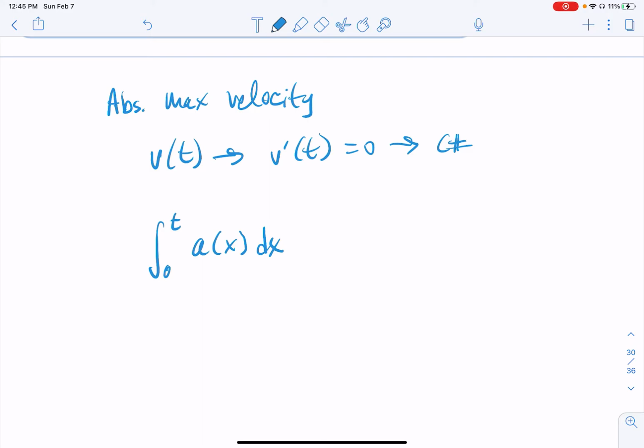Now let's apply the fundamental theorem of calculus to this. I would need an antiderivative of a of x. I'm pretty sure that's v of x. And then we would evaluate that from 0 to t. So applying the fundamental theorem of calculus, that's going to give us v of t, which is what we're looking for as an equation, and then minus v of 0.